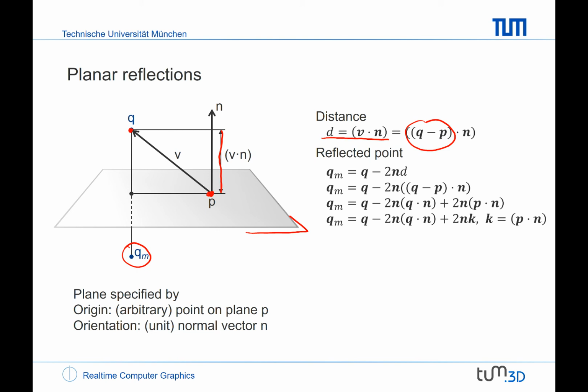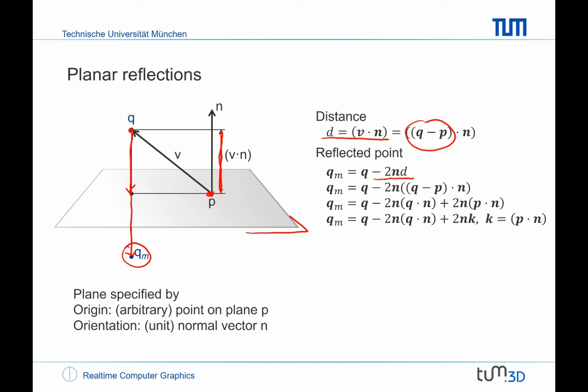Then we can compute the reflected point. We take Q, and now we move from Q minus 2 times along n, or in the inverse direction of the normal, by a step of d every time, meaning that we have one step along the inverse normal direction of the length we have computed here, and then we do another step, and this brings us to the reflected point.